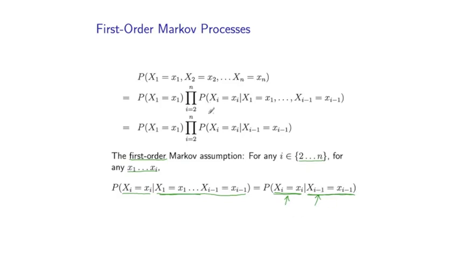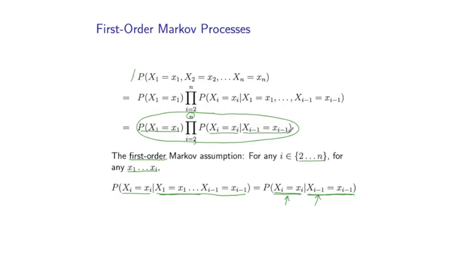That leaves us with this expression here, where the joint probability over this sequence is equal to a product of terms. I have P of X1 equals x1, and then a product from i equals 2 to n, and at each point I have the probability that Xi is equal to little xi, given that Xi minus 1 is equal to xi minus 1.